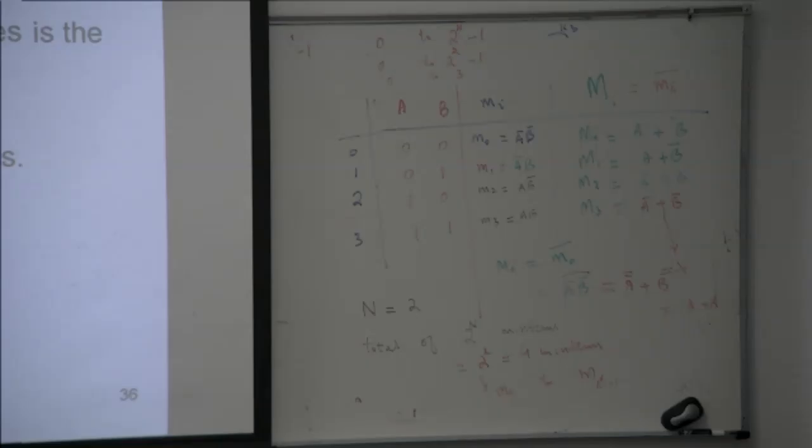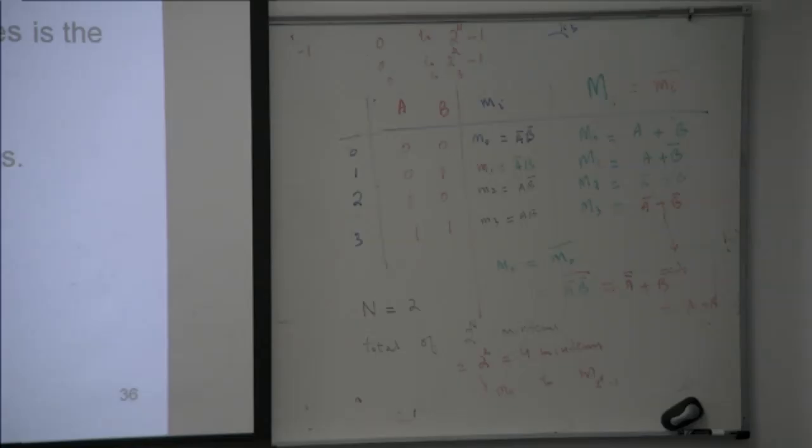Similarly, the max term will start from 0 to 2 to the power n minus 1. Got it? So the minterm is represented by the small m, and max term is represented by capital M. The minterm is the complement of the max term, and the max term is the complement of the minterm. Got it? Any question? Because these are very basic definitions.